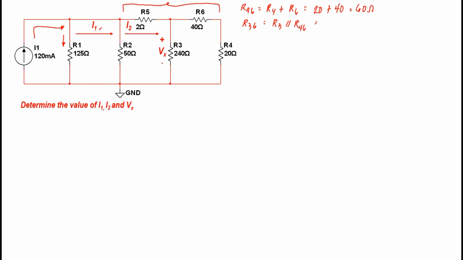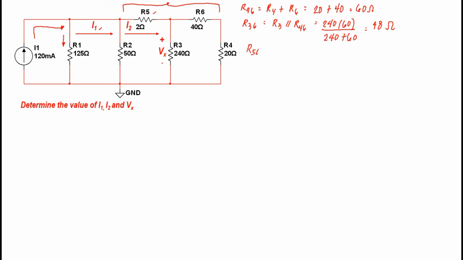And we know that if two resistors are in parallel, that would be 240 times 60 over 240 plus 60, or R3 R46 all over R3 plus R46, and that is equal to 48 ohm.